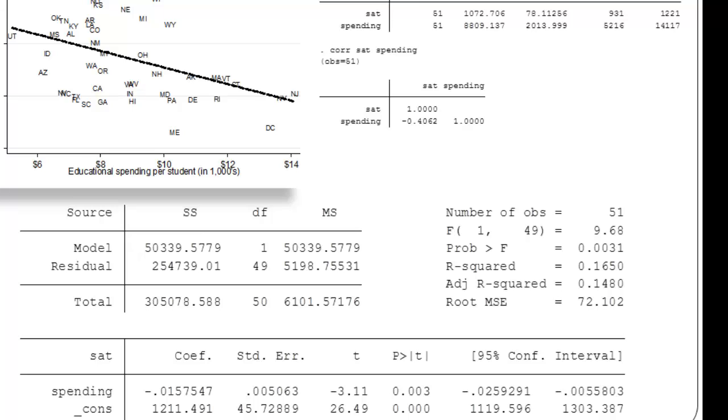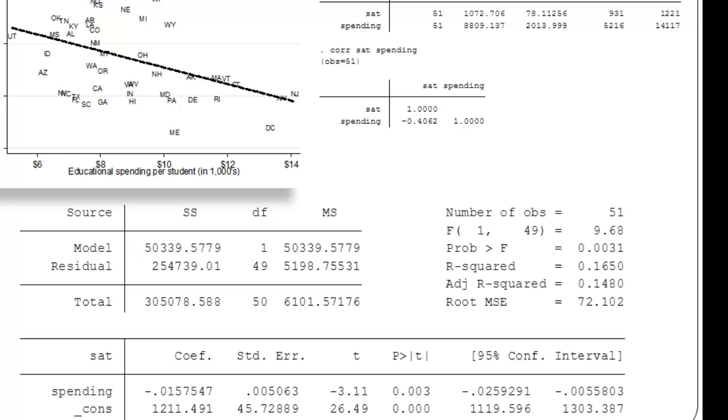So putting this all together, we can look at our slope coefficient and say that for associated increases of $1 in educational spending, there's a decline in SAT scores of approximately 0.016. And that's not a particularly useful metric, but it's technically correct, and you might get away with that in selling your regression model to somebody.